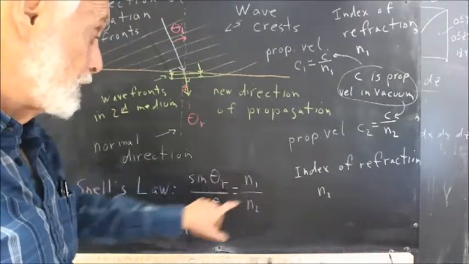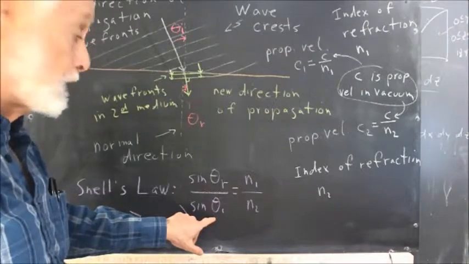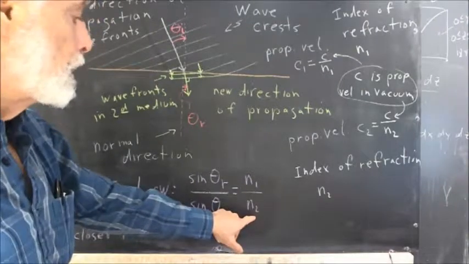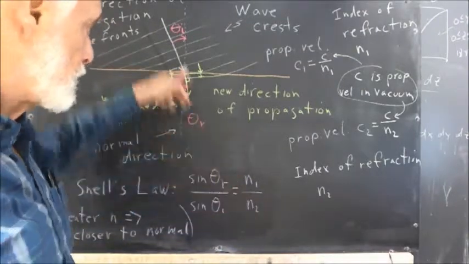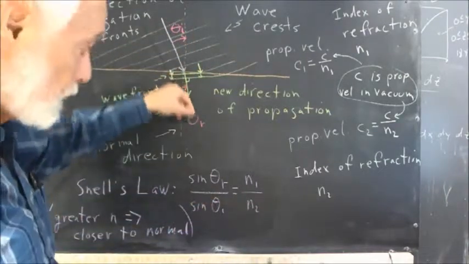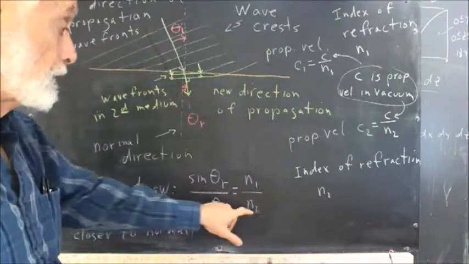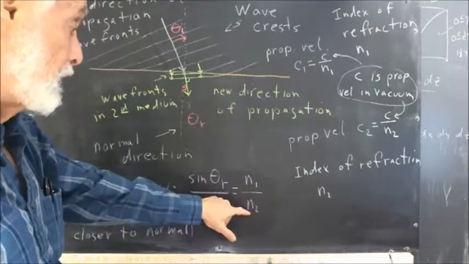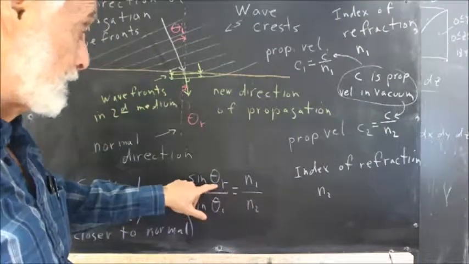So you see that n1 is in the numerator and the incident angle in the denominator, and n2 corresponds to the medium in which the propagated wave, or the refracted wave, travels, so that n2 is in the opposite part of the fraction from theta sub r.